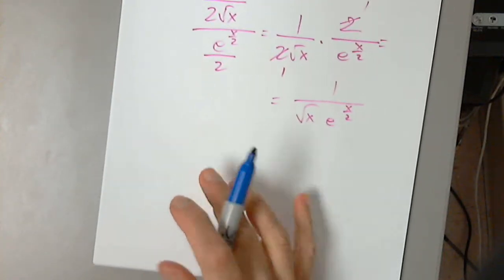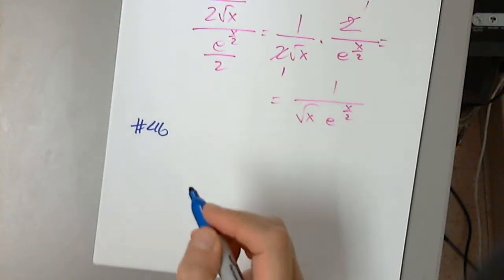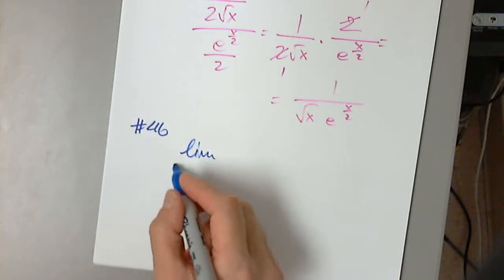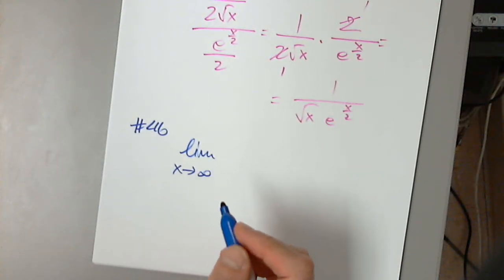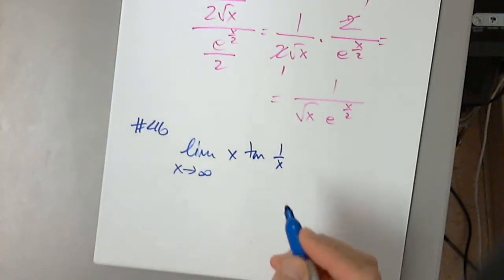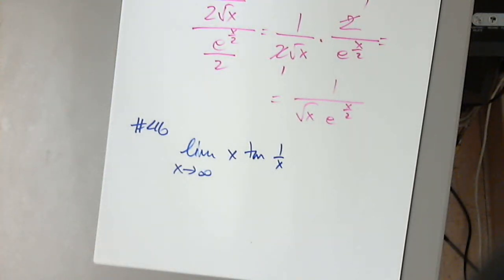So let's look at 46. As I said, limits that turn out to be indeterminate products. Most of the time, I shouldn't even say that, but some of them are friendly. Let's put it this way. I don't want to generalize.